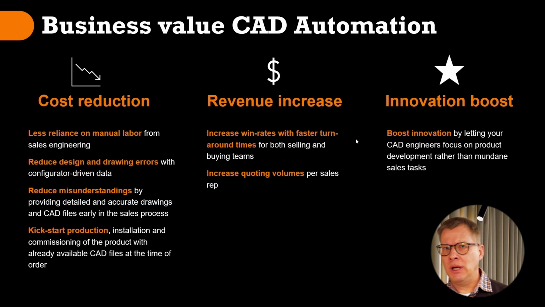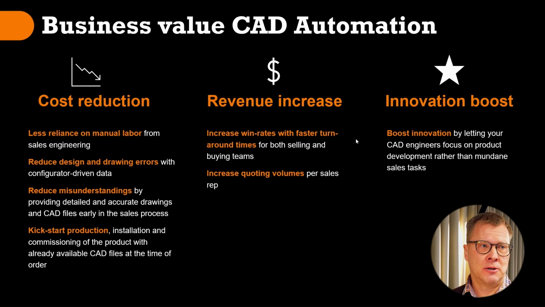But we also reduce the design and drawing errors. If you're creating these drawings and files manually, there will be, of course, manual errors appearing in those, depending on the skills of the CAD engineer. But with this configure-to-order process and configure-driven design, we create that data accuracy that Linus referred to, which will reduce errors in the end.